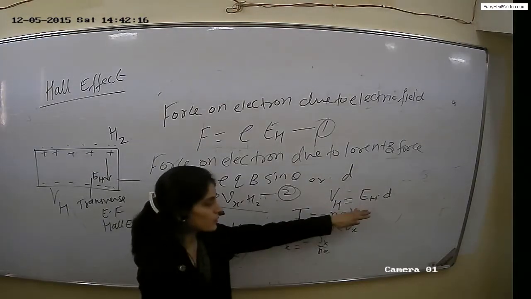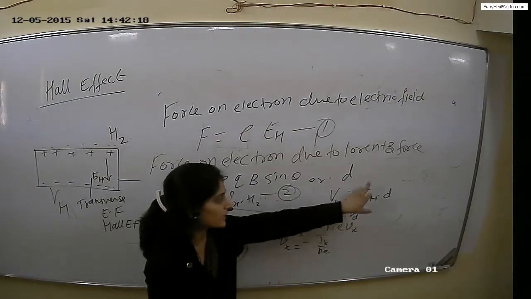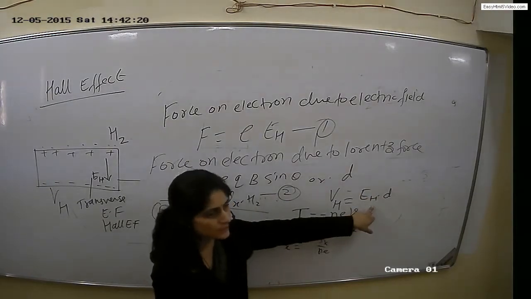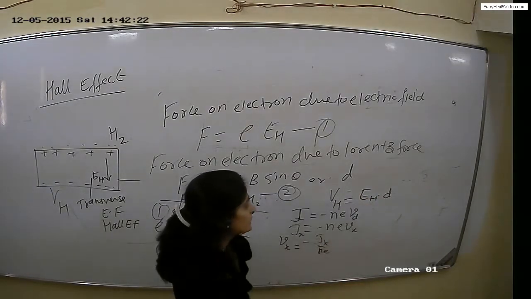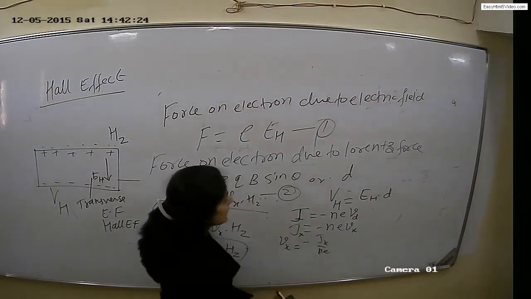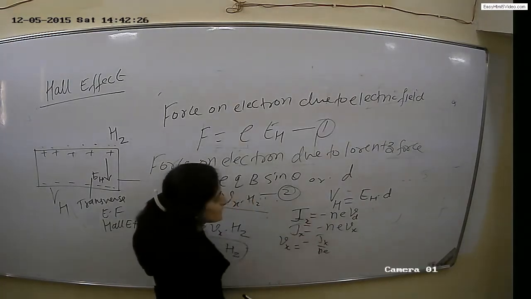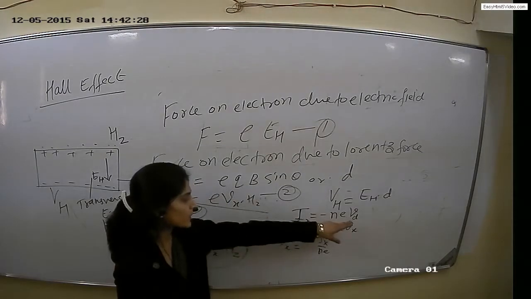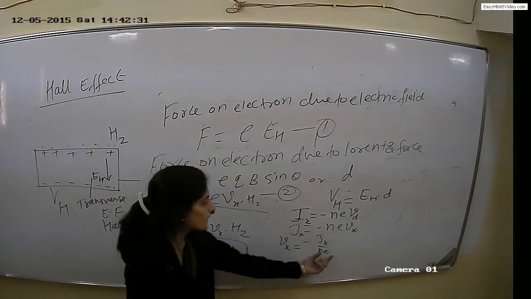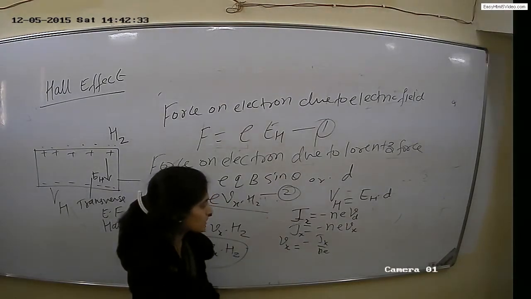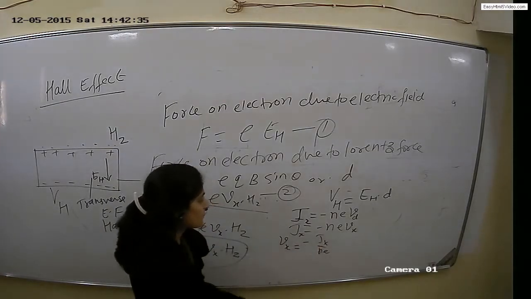Now potential can be calculated as EH into d. Here EH is Hall electric field or transverse electric field, and d is the thickness of the rod. We know that current density Jx is given by minus n e Vd. Therefore, here we get the value of drift velocity, minus Jx upon ne.